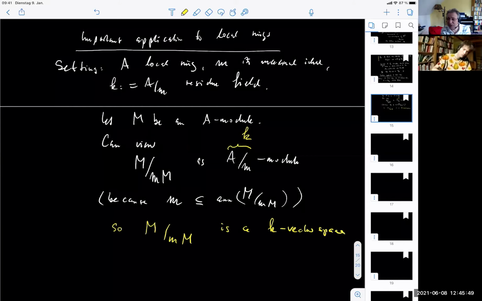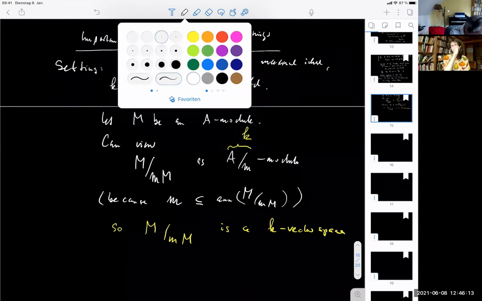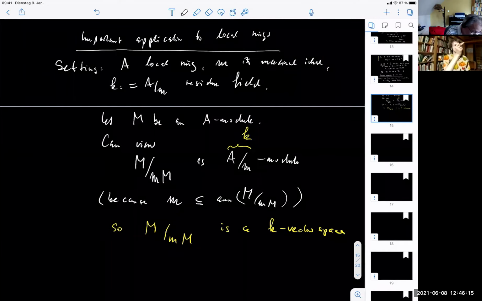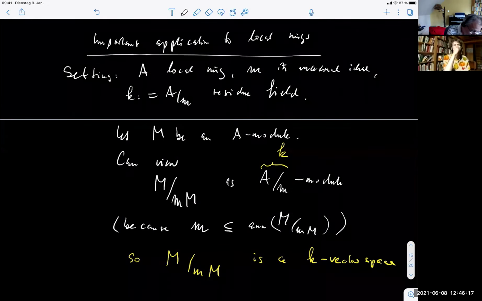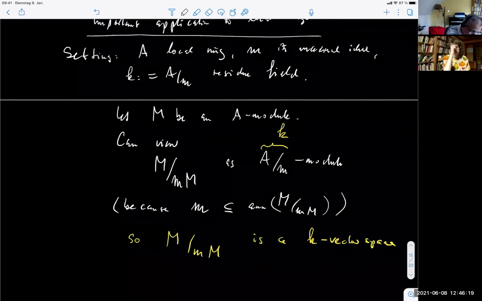So we have a vector space here. And if our module M as an A module was finitely generated, this vector space is also finitely generated, basically by the same elements. So it is a finite dimensional vector space. It has a dimension. So now the question is, what is the meaning of that dimension for the module M? I can make this clearer.